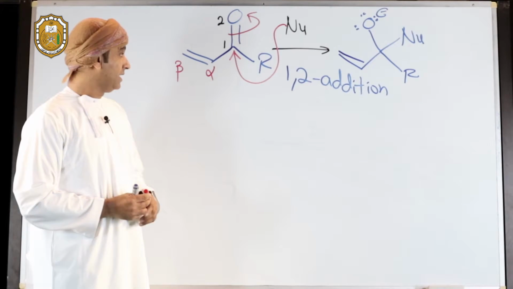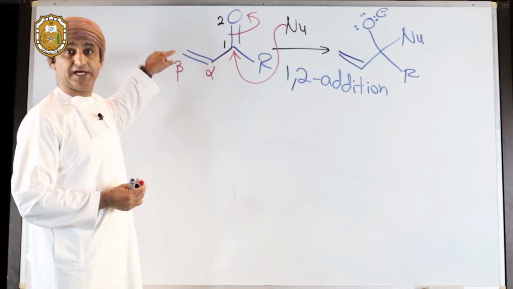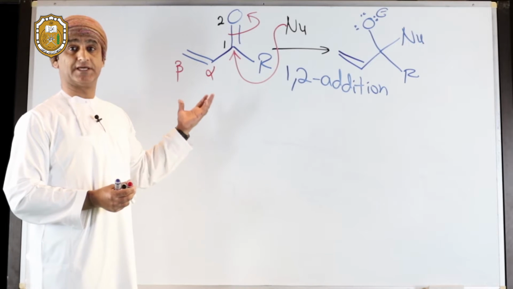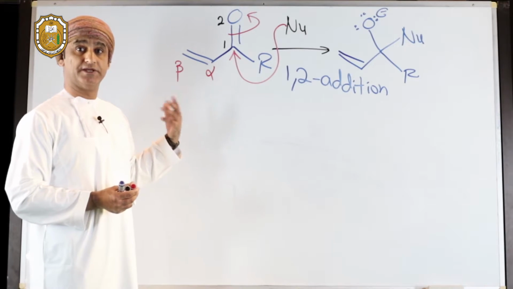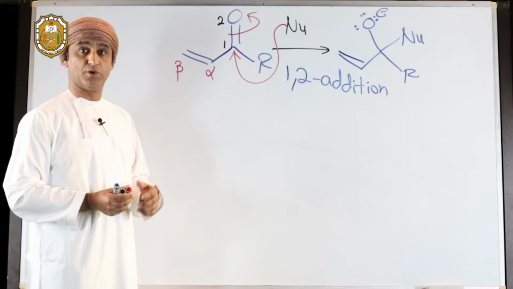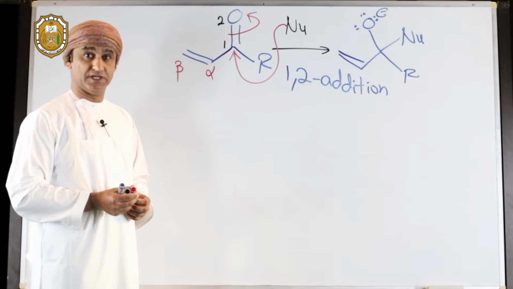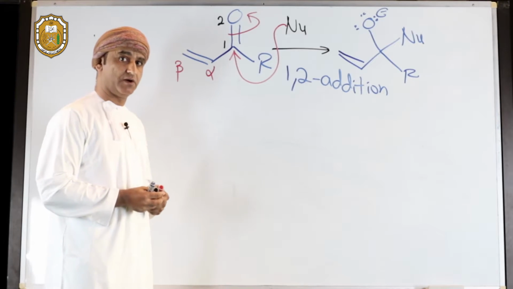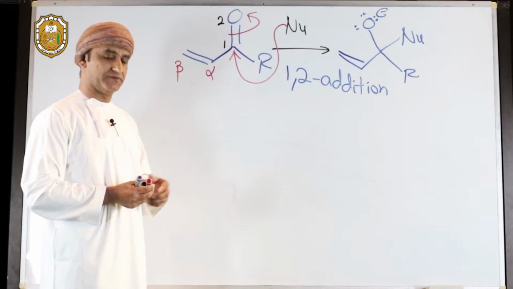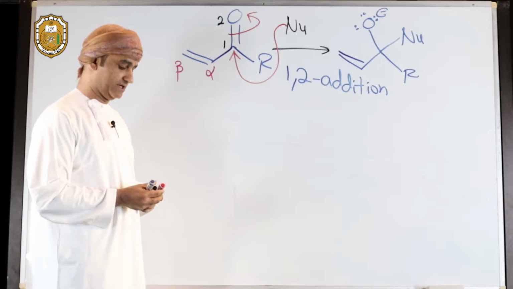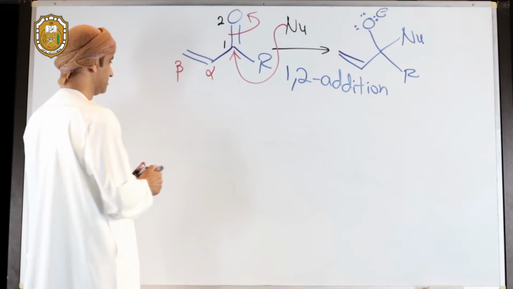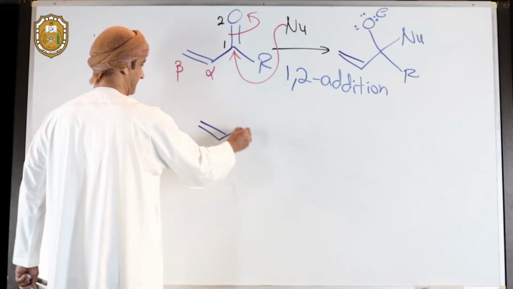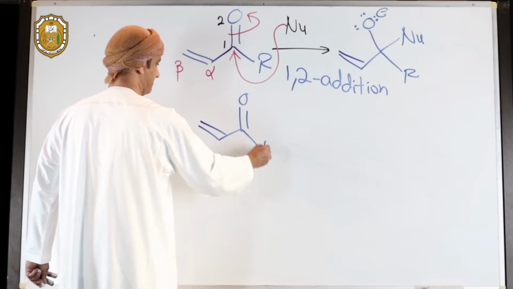What if a nucleophile attacks the beta carbon, and of course the beta carbon again is electrophilic? Now the addition is not described as 1,2 addition. Let's show that, and then we can take it from there for a better description of that different type of addition reaction. So this is again the alpha beta unsaturated carbonyl compound.